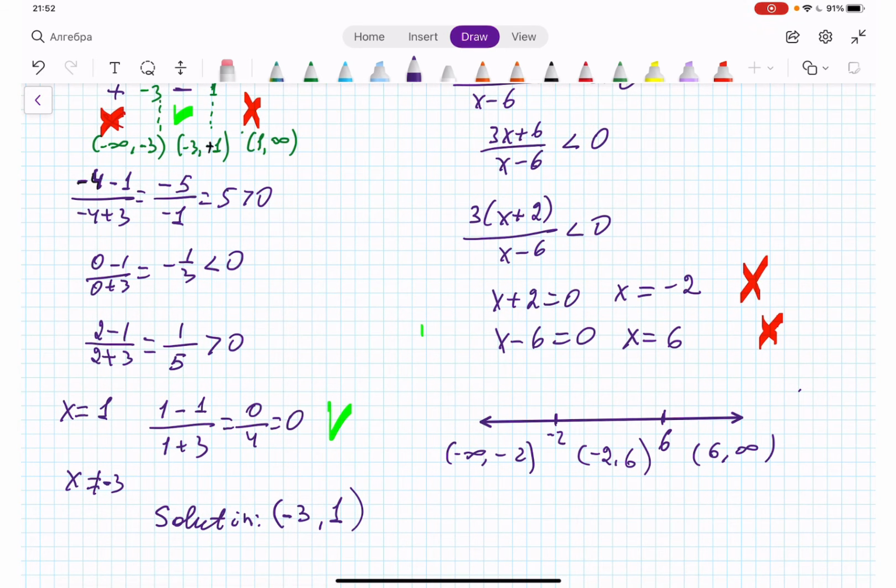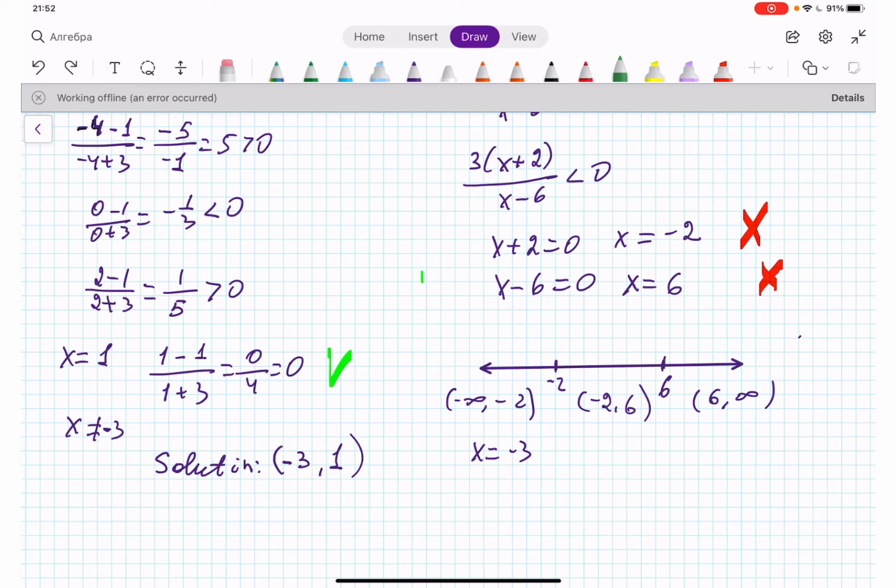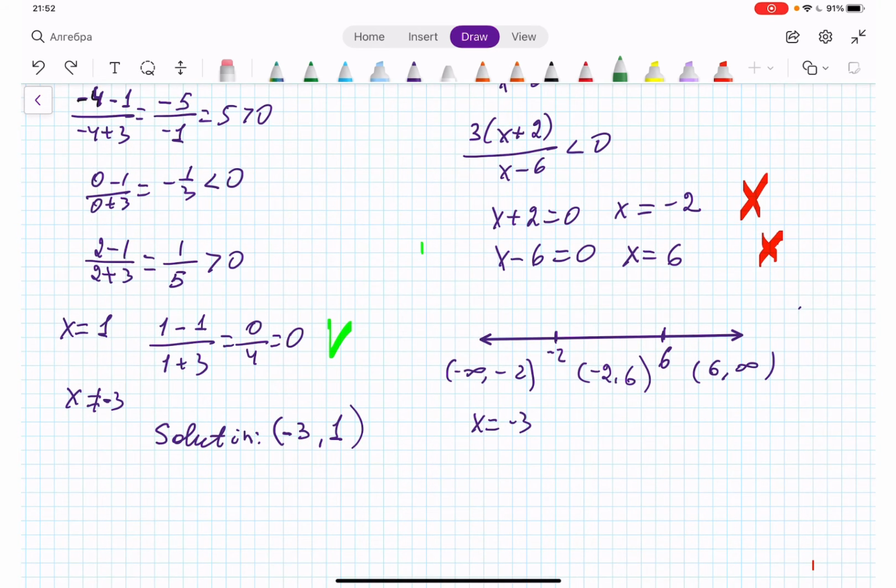Okay, in this case I'm taking negative 3. X is equal to negative 3 in the interval negative infinity to negative 2. I'm going to plug it into the simplified fraction.